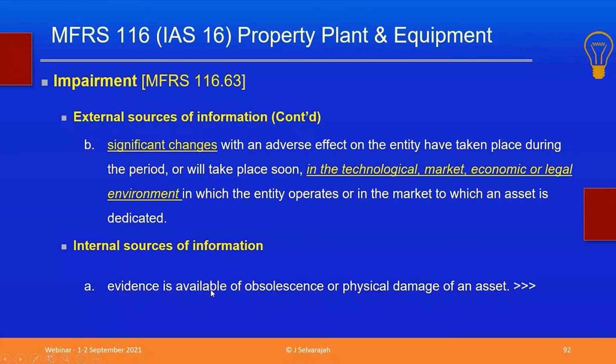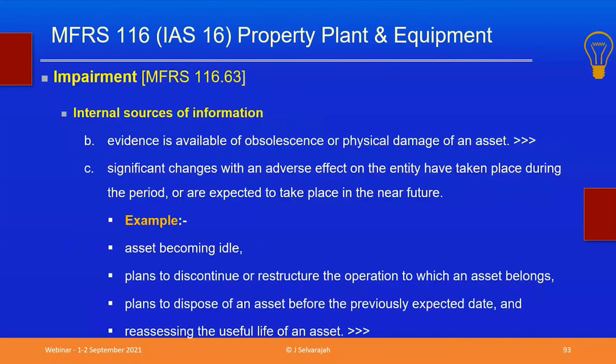Internal sources of information, all right: obsolescence, by looking at the assets, whether they are getting obsolete or damaged. Maybe due to the downturn and the lockdowns, your company or a particular company has reduced sales, has reduced products being manufactured because of difficulty in getting the raw materials, difficulty in operating the factory because of lockdown, because of COVID.